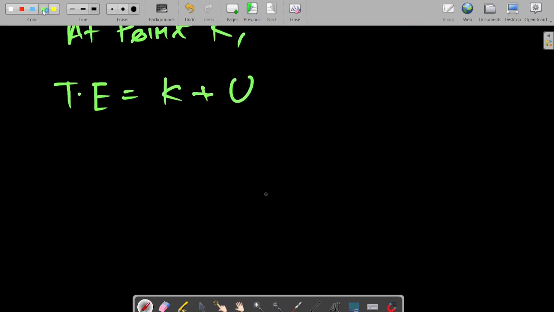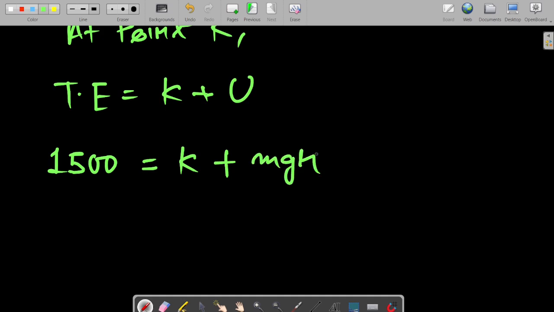Total energy at point R is 1500 joule, because Richa has lost 500 joule of energy against friction, and we don't know K, that is kinetic energy, plus potential energy is mgh.